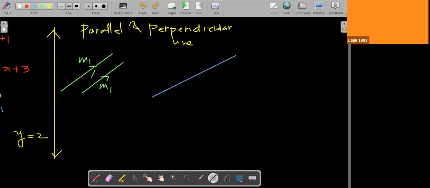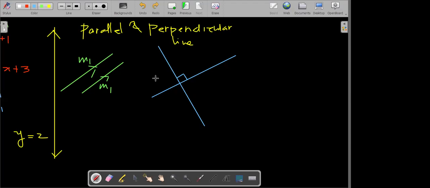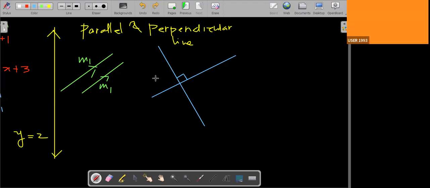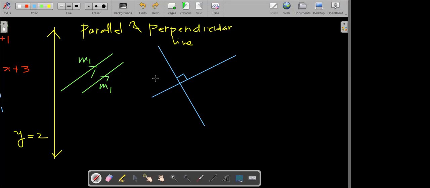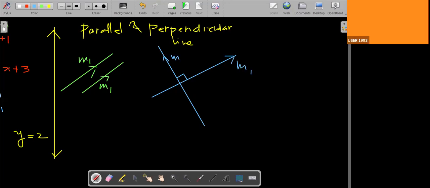But if two lines are perpendicular, that means they are intersecting at 90 degrees. Perpendicular means 90 degrees. The angle between the two straight lines is 90 degrees. Say the gradient of this one is M1 and the gradient of this one is M2.